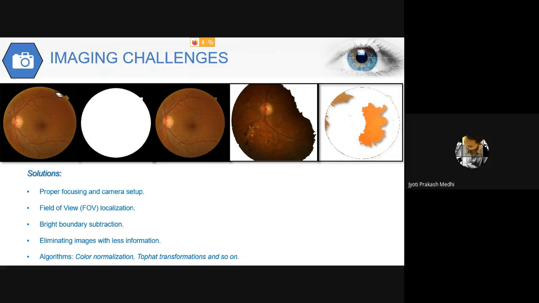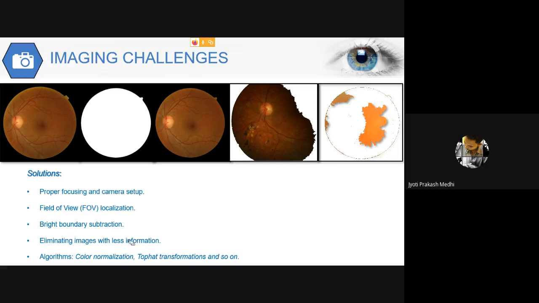For example, this is the original image that has been taken. Now, if we eliminate this bright region by identifying a proper field of view, as you can see in this image, then these bright regions are eliminated. Our requirement is only the inside region, so this outer layer will not hamper the detection process, which is done by boundary subtraction.